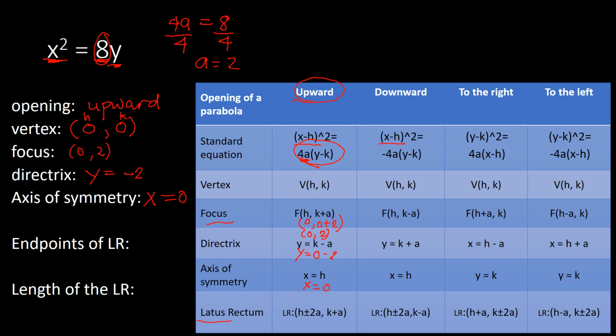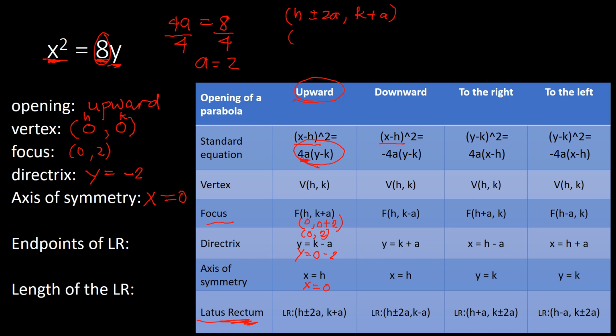And then let's go for the endpoints of the latus rectum. This one is our endpoints of the latus rectum. Notice that we have here h plus or minus 2a, comma, and then k plus a. So all we have to do is plug in. Let me just have that one here. Again, we have h plus or minus 2a, comma, and then k plus a.